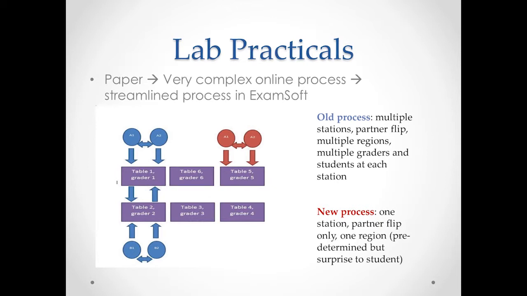When we initially piloted this process through ExamSoft, we were using what you're seeing here in blue. In that process there were multiple stations, so each purple rectangle indicates how our tables are set up in our lab. Each grader did stay at the table, but in our old process, student A1 and student A2 would go to table 1 and grader 1.